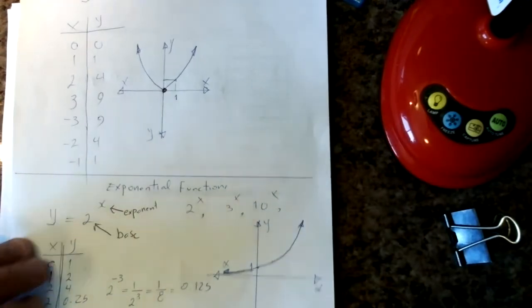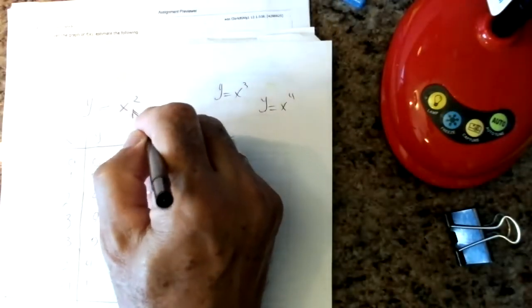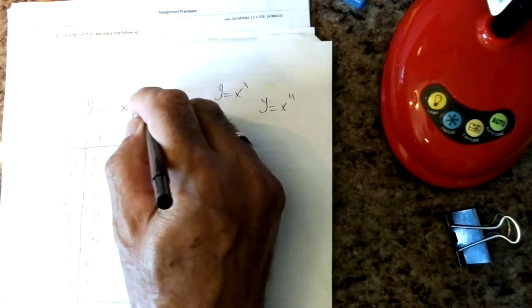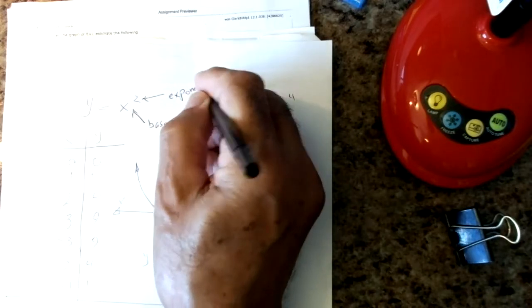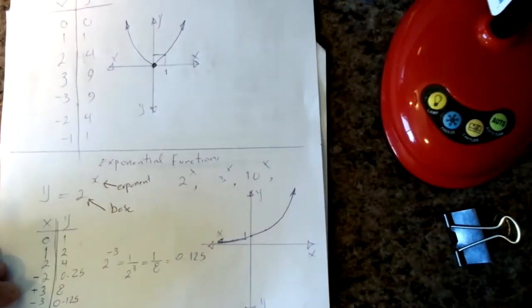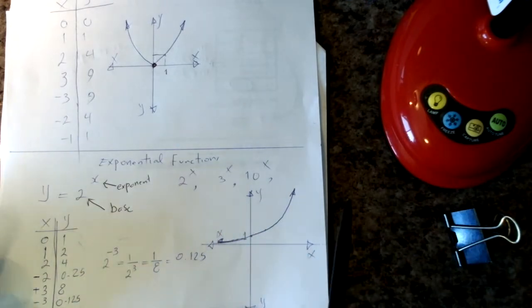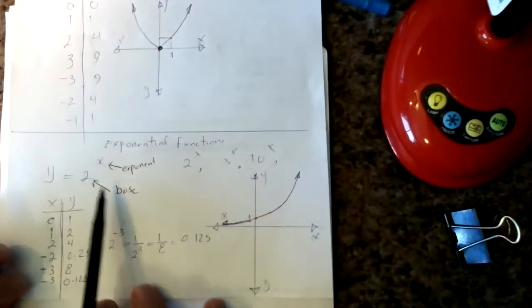See again here, the base is the variable x and the exponent is the number. But for exponential functions, it's completely opposite. So I had x to the power of 2. Now here I have 2 to the power of x.